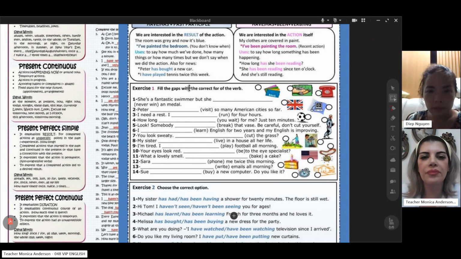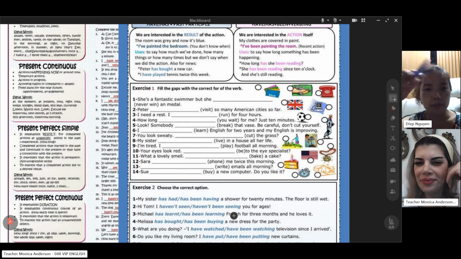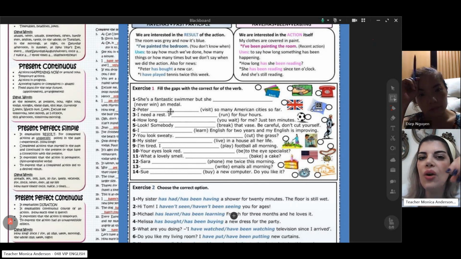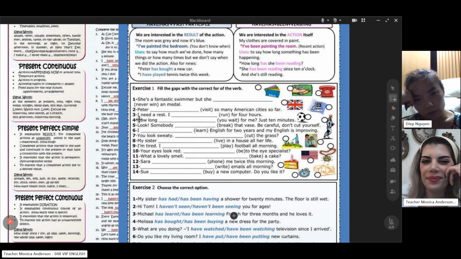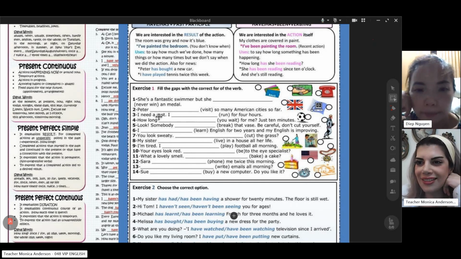We have four grammar sentences here, right? Present simple, present continuous, no, perfect. Here we only need to use present perfect simple or continuous. In this exercise, we only need to use these two tenses.